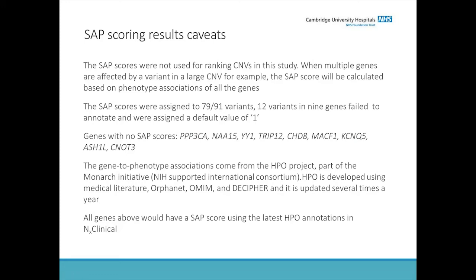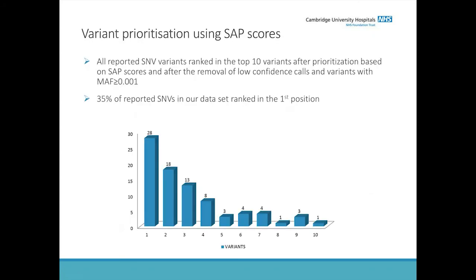Because we didn't use the latest version of NX Clinical and the latest annotations, we failed to score these variants. But what is more interesting and highly valuable is that when we used the subscoring on the remaining 79 SNVs, we found that all the reported SNV variants ranked in the top 10 variants in our table view after prioritization and after the removal of low confidence scores.